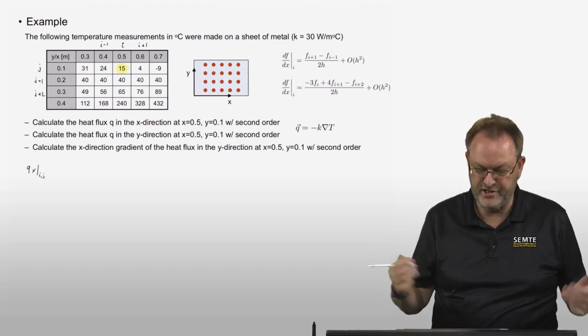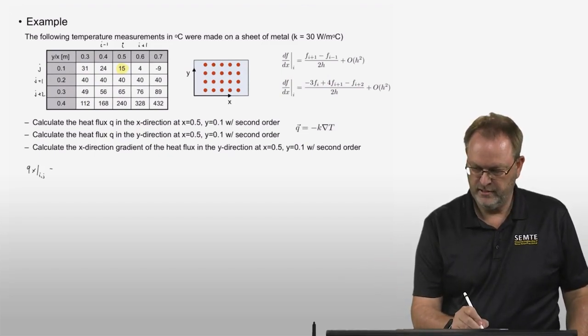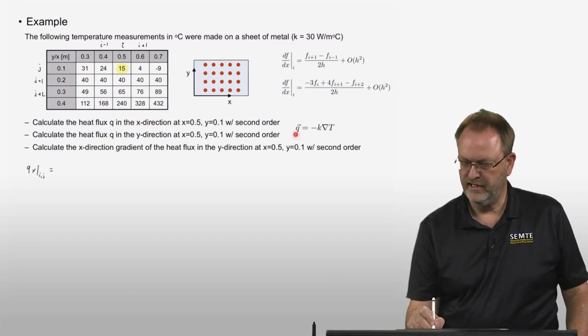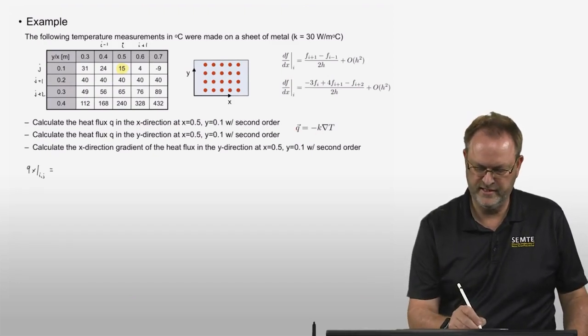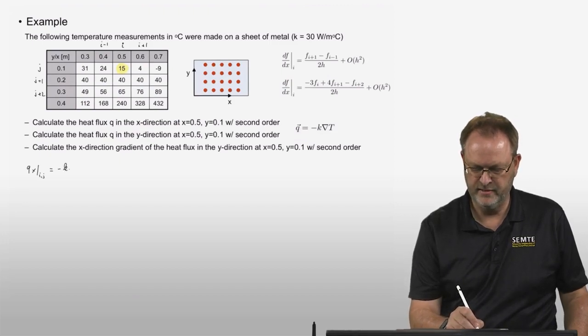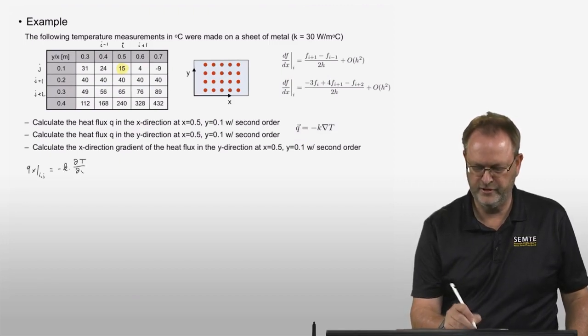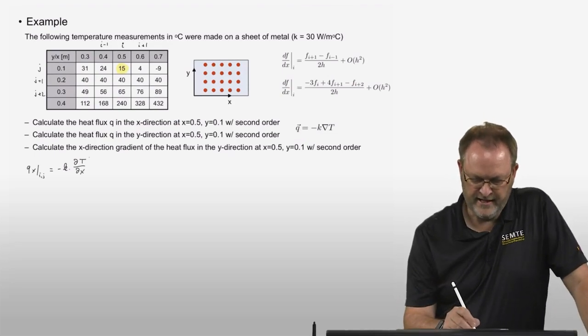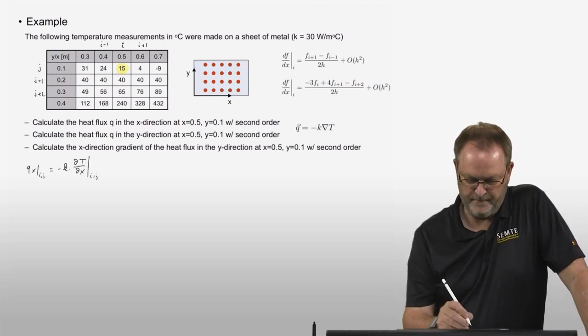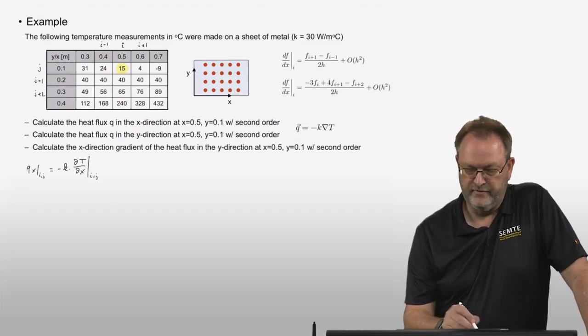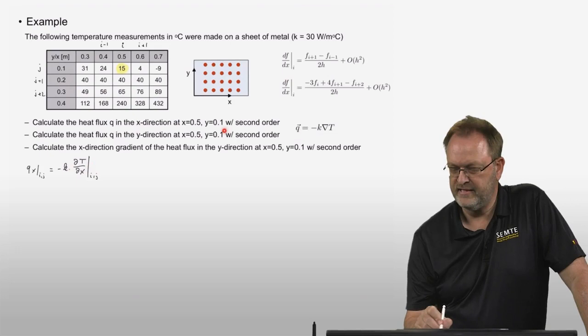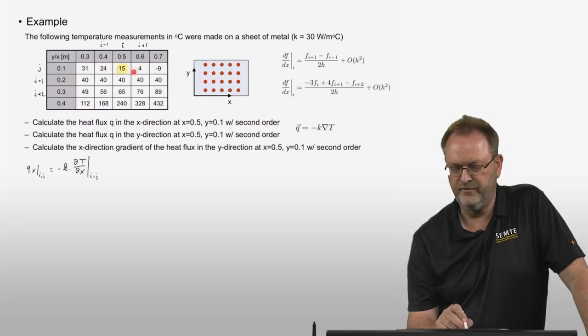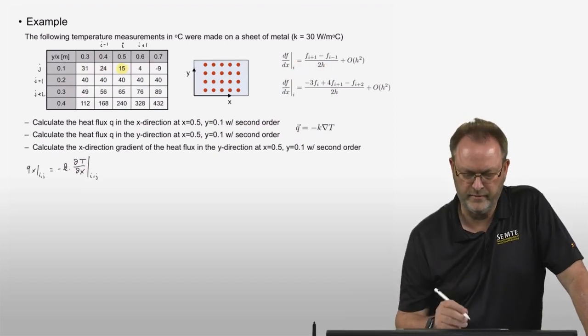So Qx at ij is equal to, with the definition here of the heat flux vector, the x component of this is minus k times the partial derivative of temperature with respect to x, evaluated at the point ij. I'm supposed to evaluate this partial derivative using second order, and I have a point available to the right of me and to the left of me, so I can use the second order central difference formula.